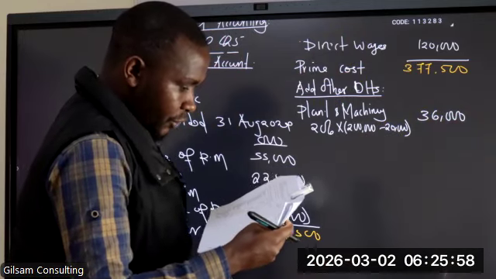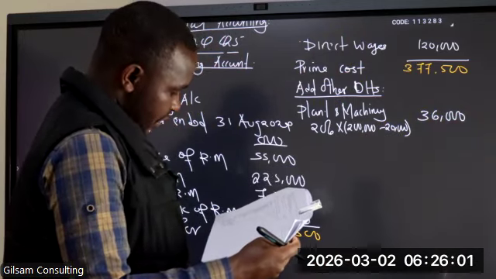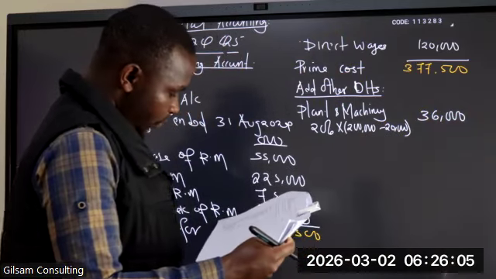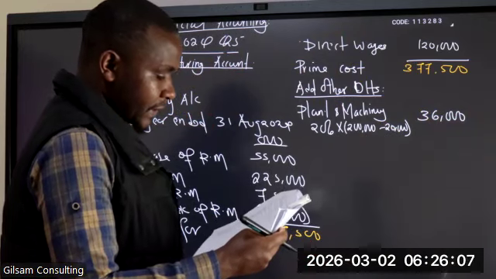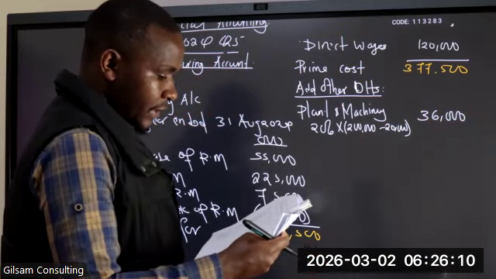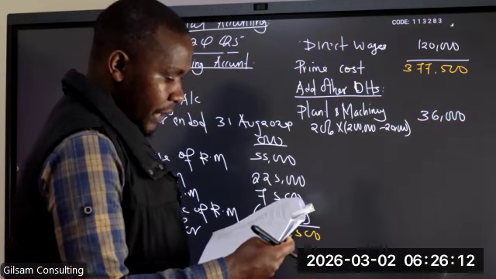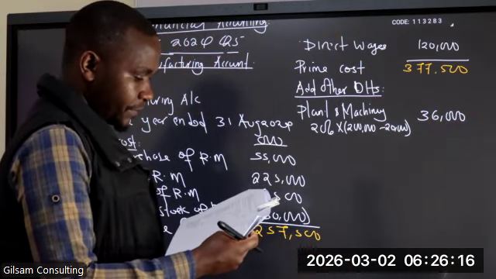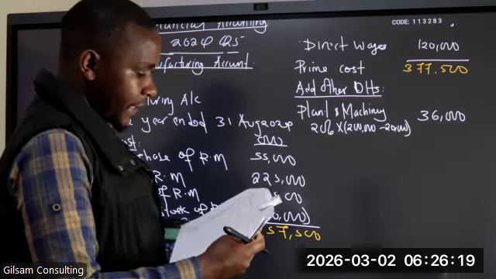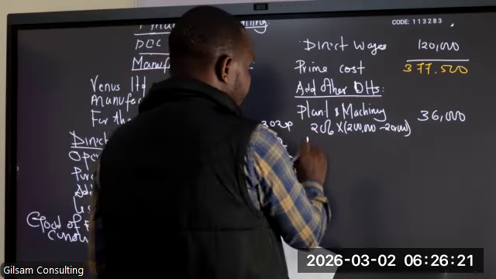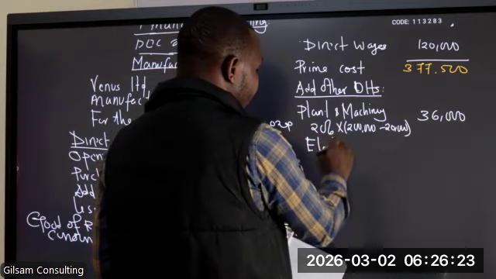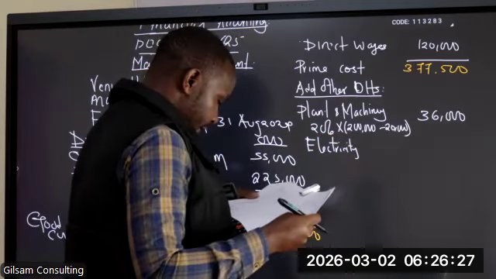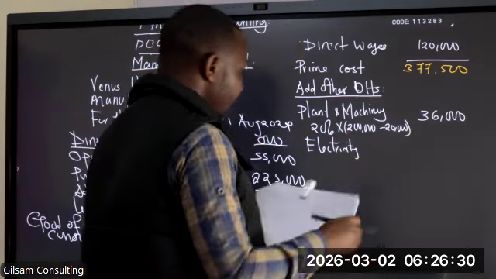Now, if we go to note number 6, electricity, insurance and maintenance costs are to be apportioned in the ratio of 3:1 between the factory and admin. So we have electricity. We'll take the value of electricity in the trial balance, 20,000.